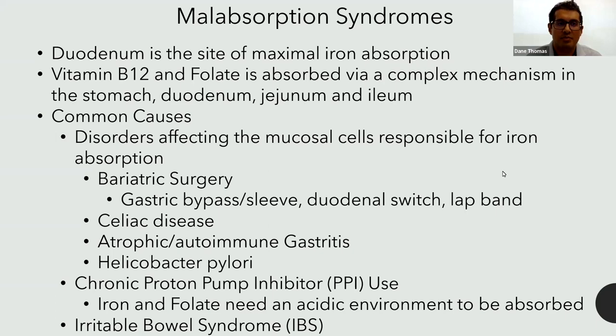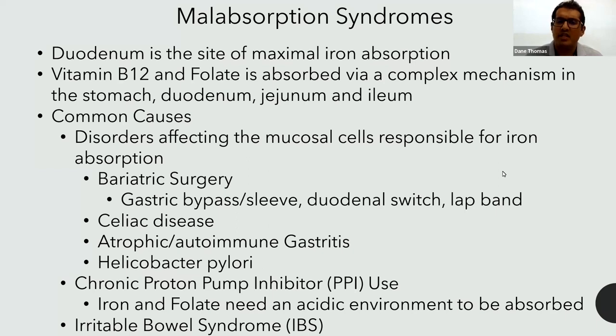Celiac disease can also cause malabsorption, as well as atrophic or autoimmune gastritis, H. pylori infections, as well as chronic use of proton pump inhibitors. Now, why does chronic use of proton pump inhibitors like Nexium cause iron deficiency?